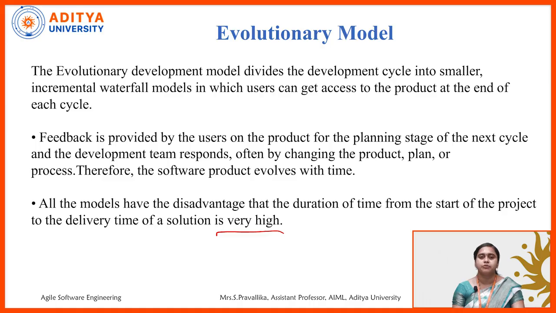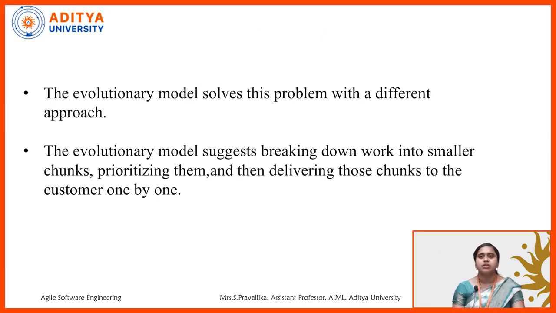Sometimes the start of the project will be with less time, whereas the delivery time will be exceeded, it will be high. Whereas this evolutionary model approaches the problem differently. The evolutionary model suggests breaking down work into smaller chunks, prioritizing them, and then delivering those chunks to the customer one by one.